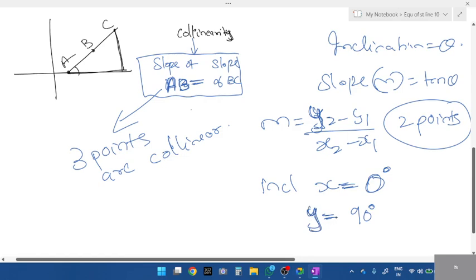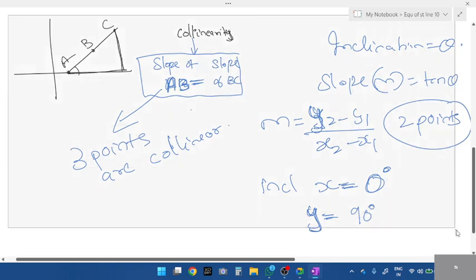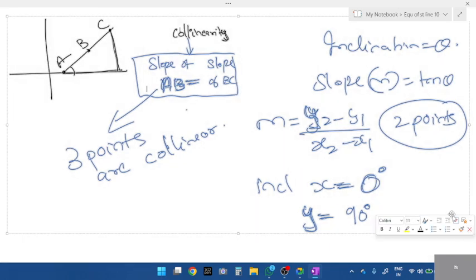Use the slope formula and you'll get the answer. Related to this, we'll solve 3 questions. Remaining, we'll do later. So slope and gradient is done, students. Only the equation is left. We need to find the equation. We'll do that in the evening.